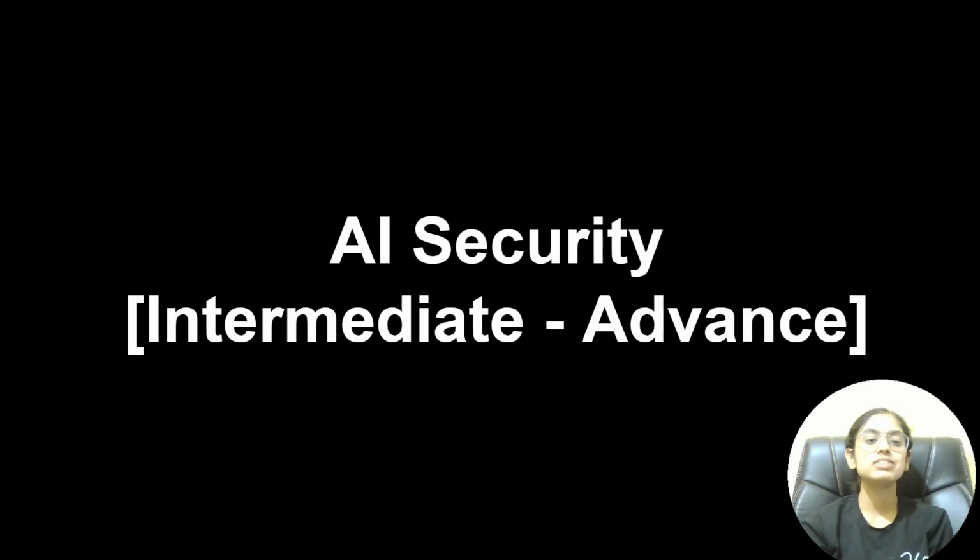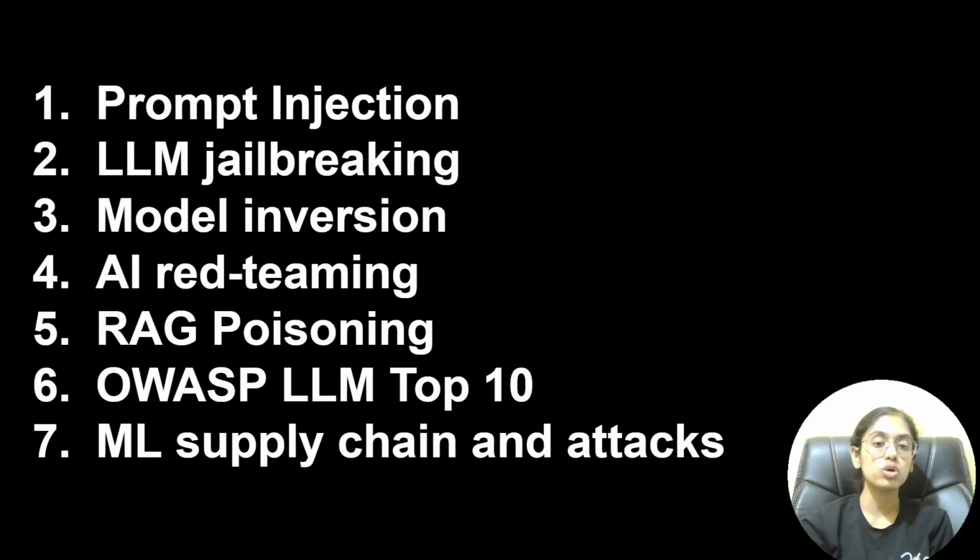Next is AI security, intermediate to advanced. In the previous slides, we looked at the core concepts, which are basic level. But this is the main thing you have to focus on.